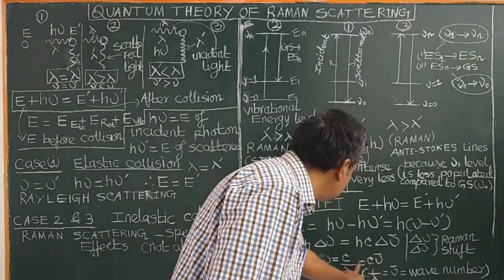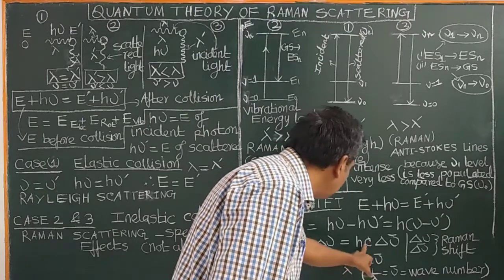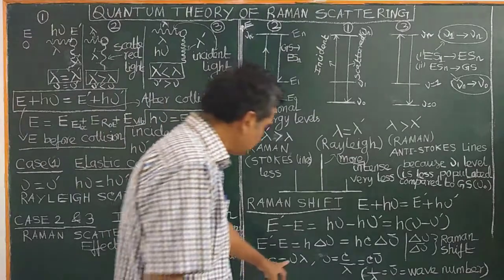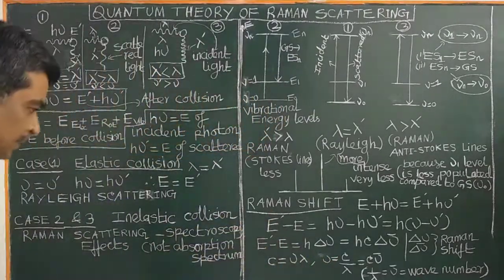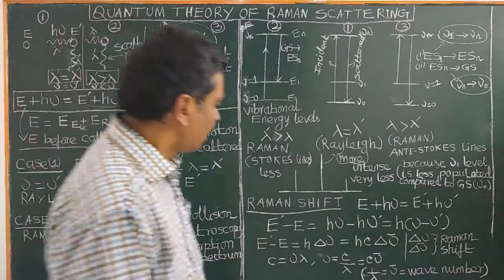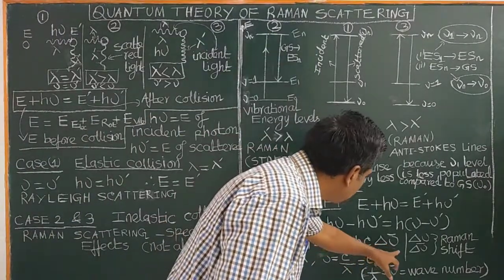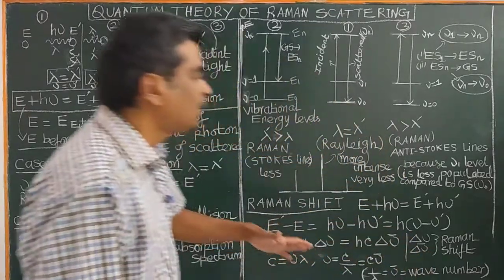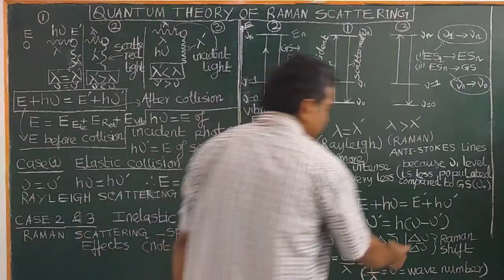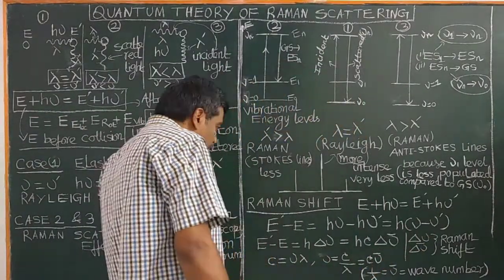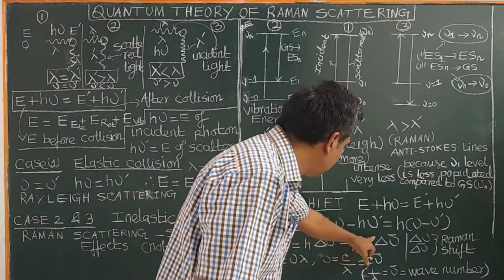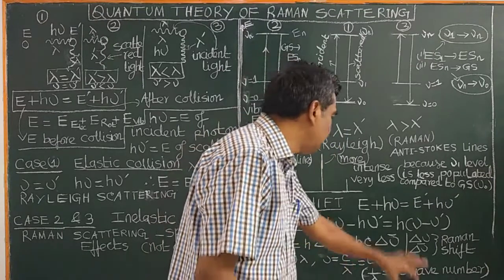On substituting in this expression, where C is the velocity of light, nu is the frequency and lambda is the wavelength of the incident photon, delta nu bar is the Raman shift in terms of wave number. Therefore, you can use this formula with Planck's constant h and C to calculate the Raman shift.